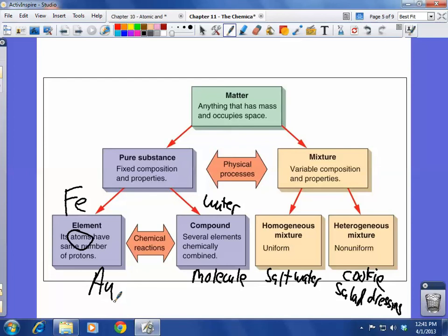So all these different alloys are mixtures of metals. But at the same time, if I look at a 14 karat gold ring, I can't see those different atoms, right? I can't see that it's made up of these atoms and these atoms. So it's really a homogeneous mixture. So all alloys are homogeneous mixtures.